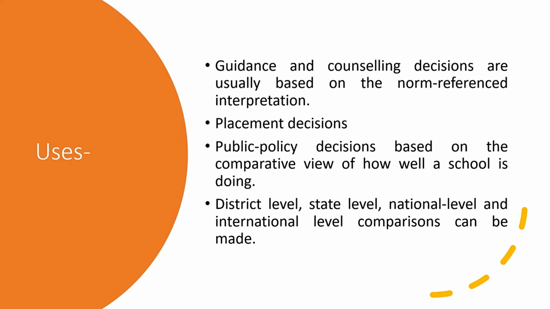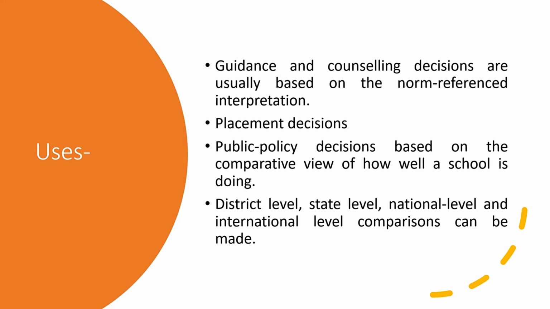Public policy decisions are based on the comparative view of how well a student is doing, how well a school is doing. We can take public policy decisions at the district level, at the state level, and at the national level. Which district is doing well? Or which school is doing well?